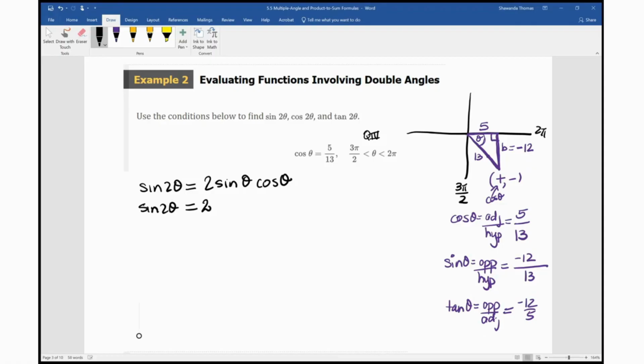And we said sine theta was negative 12 over 13. And we said cosine theta was 5 over 13. Tell me, how do you multiply all of this together? Straight across. All right, what numbers straight across, Michaela?